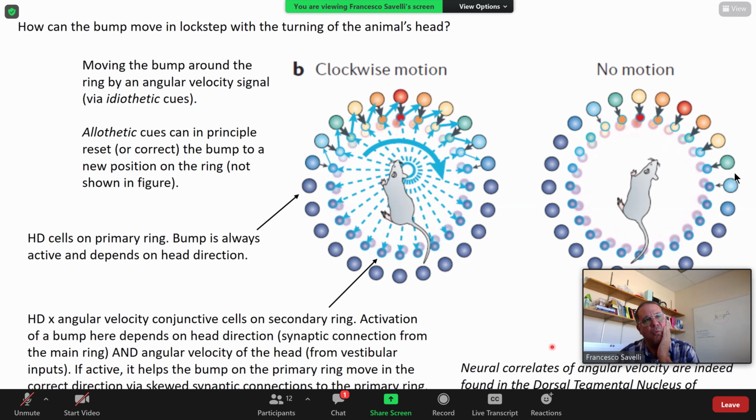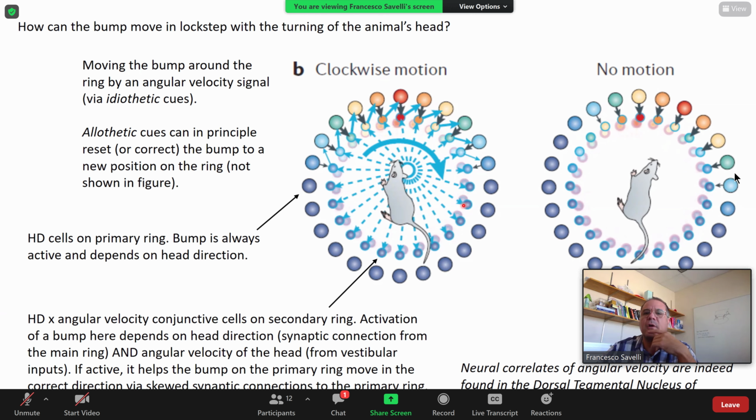The bump of localized, reverberatory activity at one given point is what, from the standpoint of dynamical systems, you would call an attractor. It would be nice to go into that, but given limits of time, I'm not going to expand too much on it. I wanted to give you at least a sense.